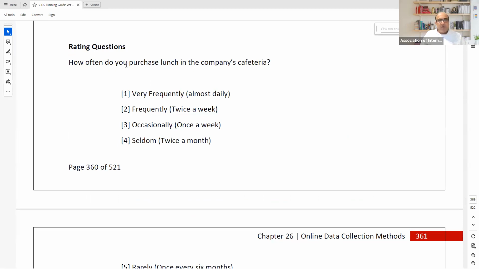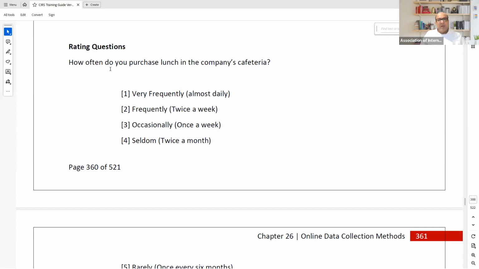And then we get another type, which is rating question, like in situations where you are posing a question, how often do you purchase lunch in the company's cafeteria? Nobody remembers. Nobody is going to answer like five times, two times, three times. Every day is different. Every need is different every day. So the type of questionnaire you're going to prepare is rating question.